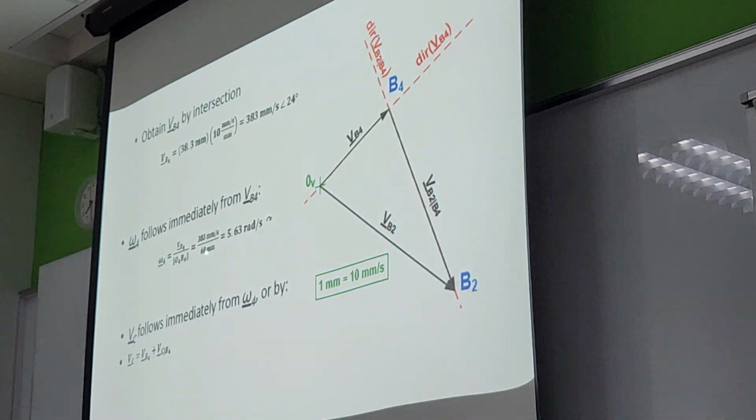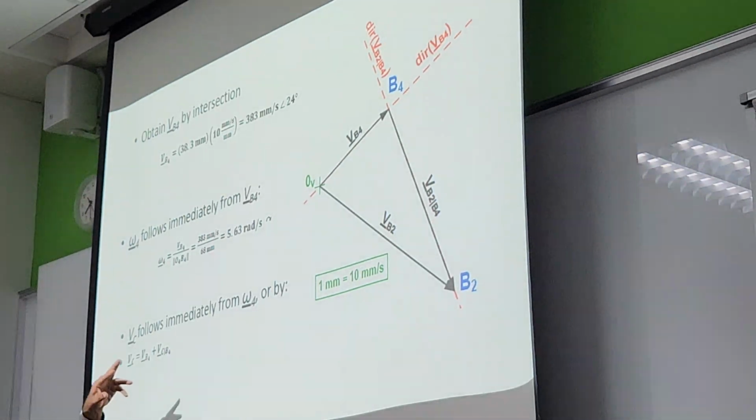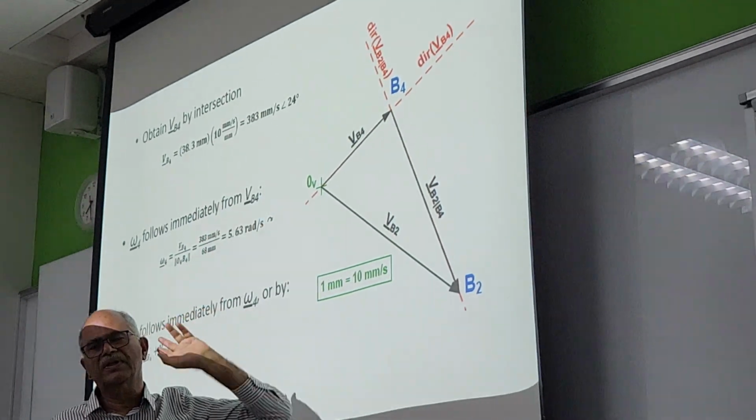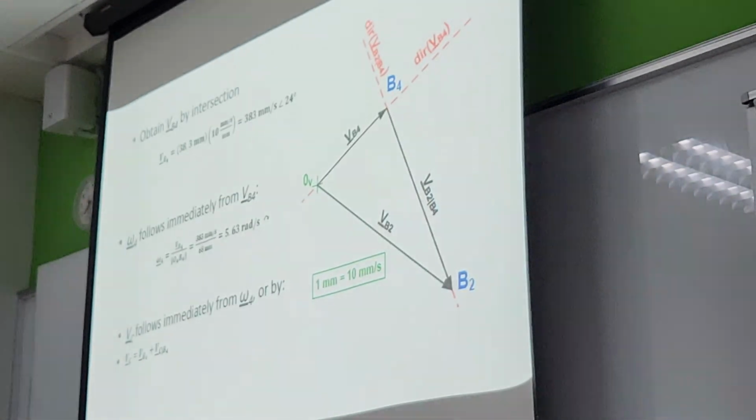As measured from the figure, it is 30.33, then with the scale factor, the magnitude of velocity of point B on link 4 is 383 mm per second. And the orientation again you can measure using a local coordinate system. We just establish a local coordinate axis here, then you can measure the direction of velocity V4.